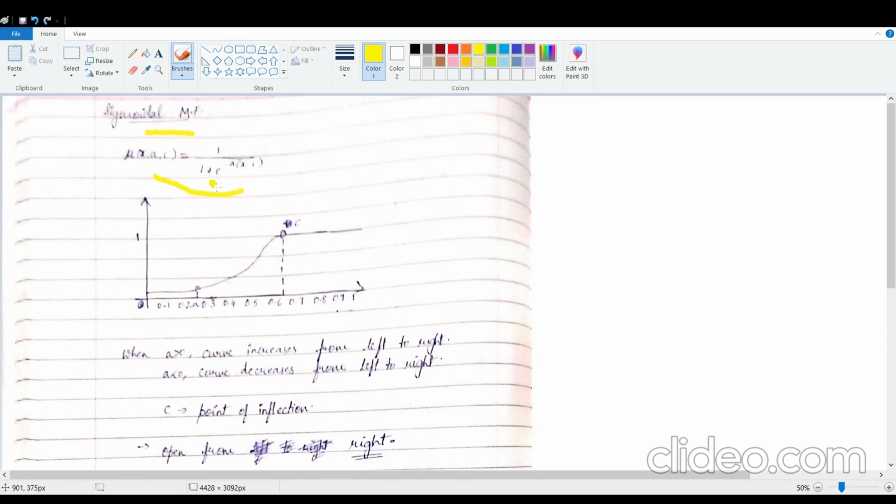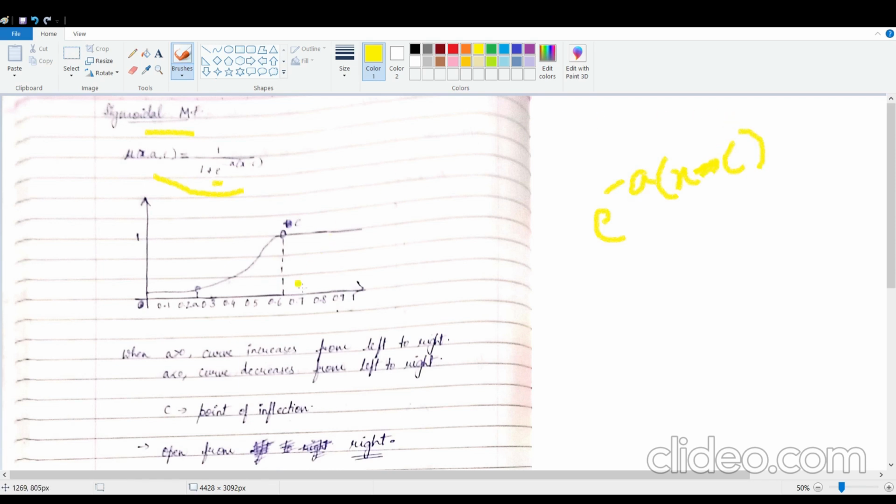I'm not sure the denominator over here is clear. It is 1 divided by 1 plus e to the power minus a into x minus c. This is a minus.